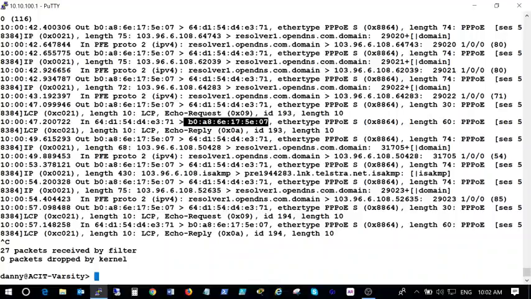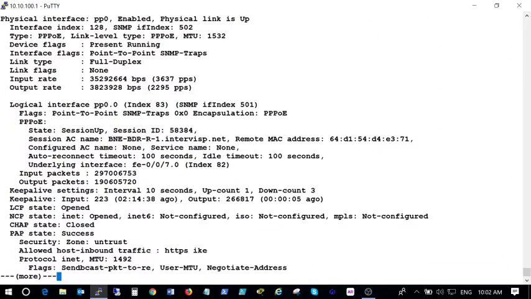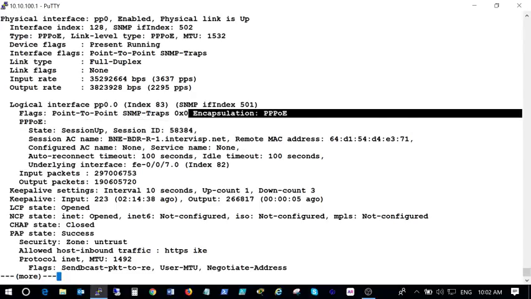Why don't we go and take a bit of a look at that interface? So we can do a show interface, and let's do PP0. Okay, so here we have PP0. The protocol encapsulation here is PPPoE.